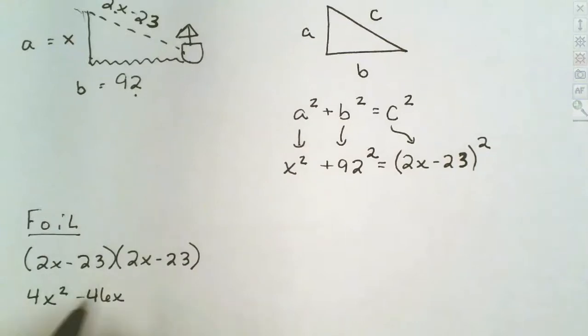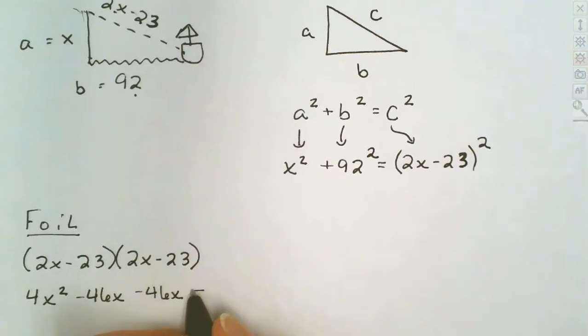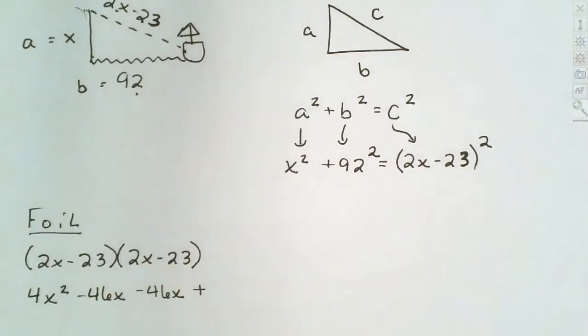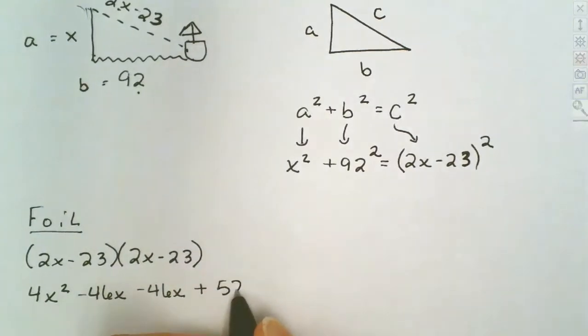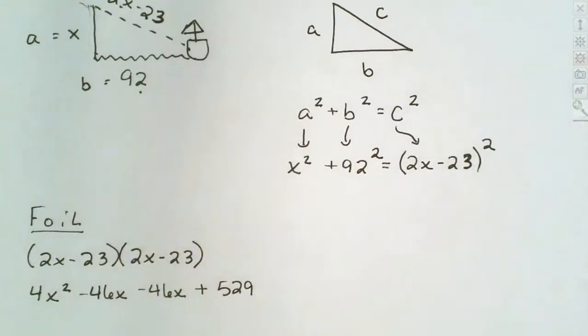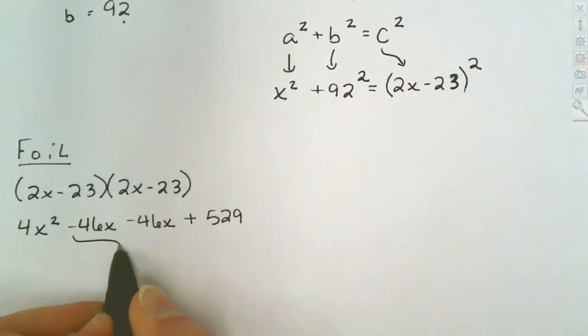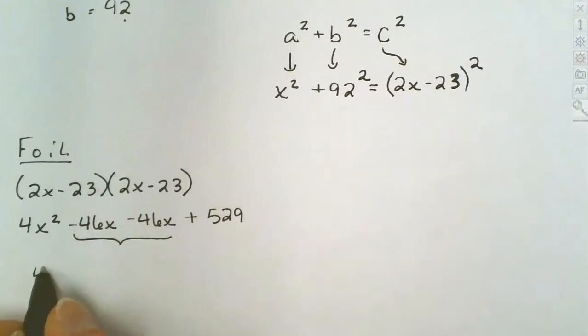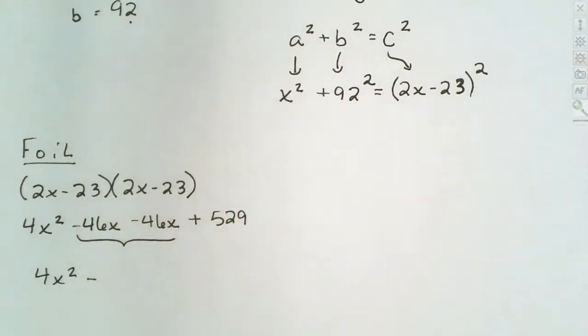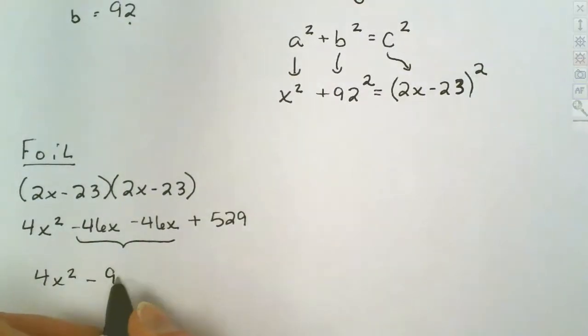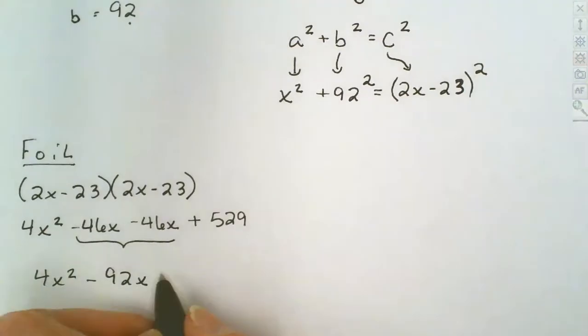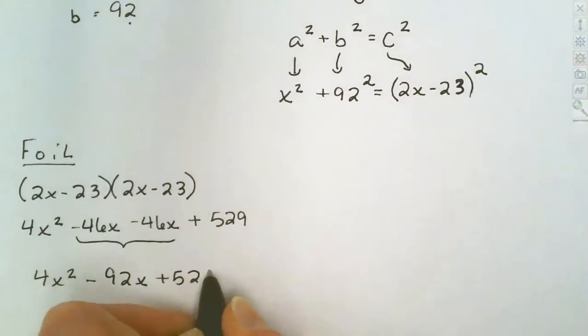We have another minus 46x, and negative makes it positive. And then we have 23 squared, which is then 529. Is everyone okay with that so far? Now we know that these can go together, and that makes it then 4x squared minus, we've got 46 and another 46. So that's going to make that a minus 92x plus 529.